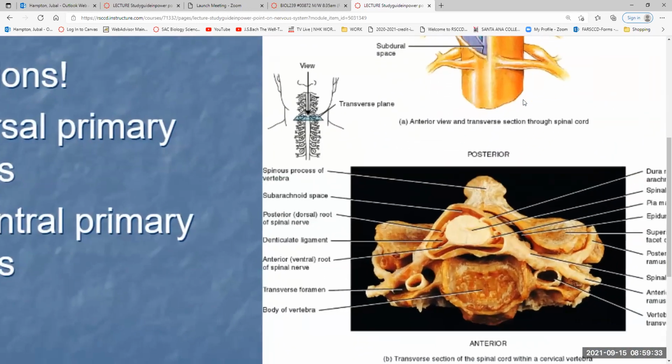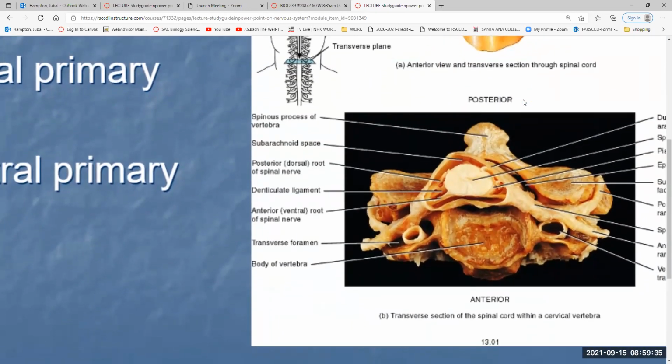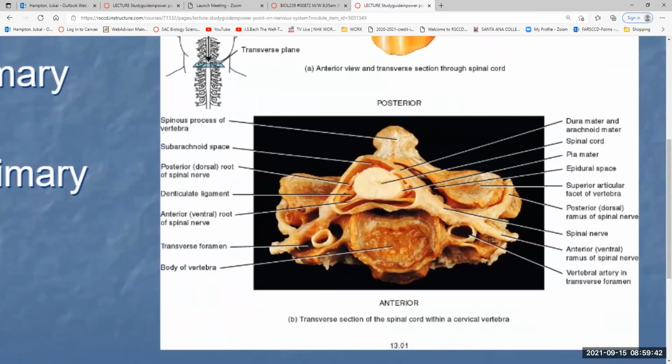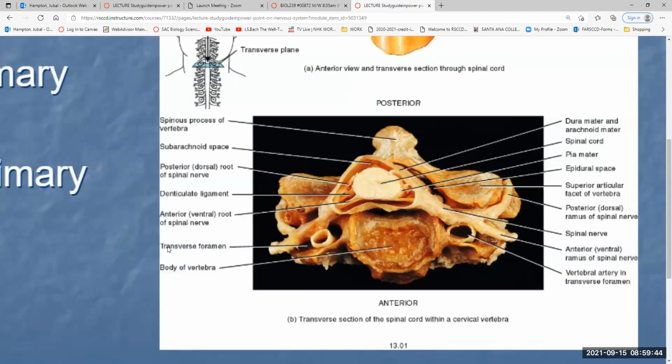A cadaveric section that you see here, and we're looking through a cervical vertebra, we see the presence of the transverse foramen in the transverse process.